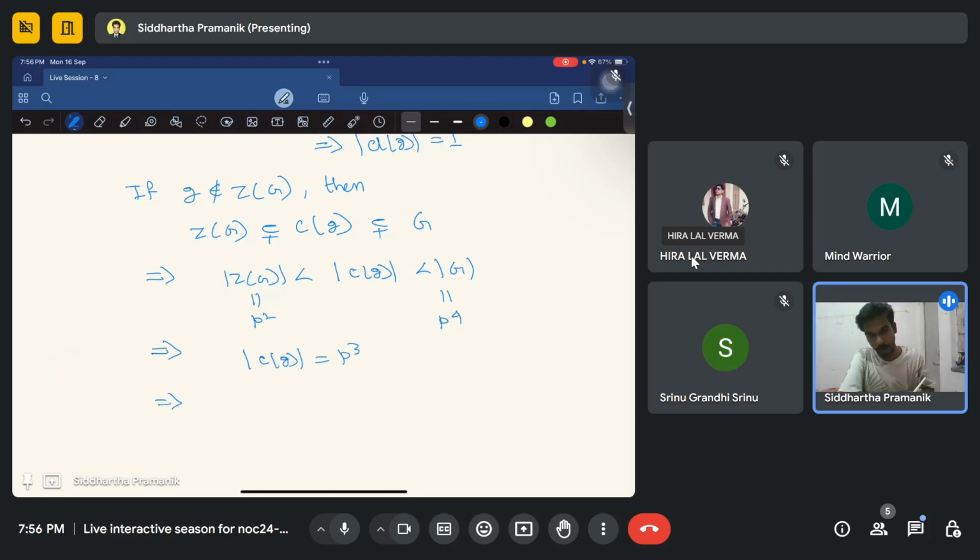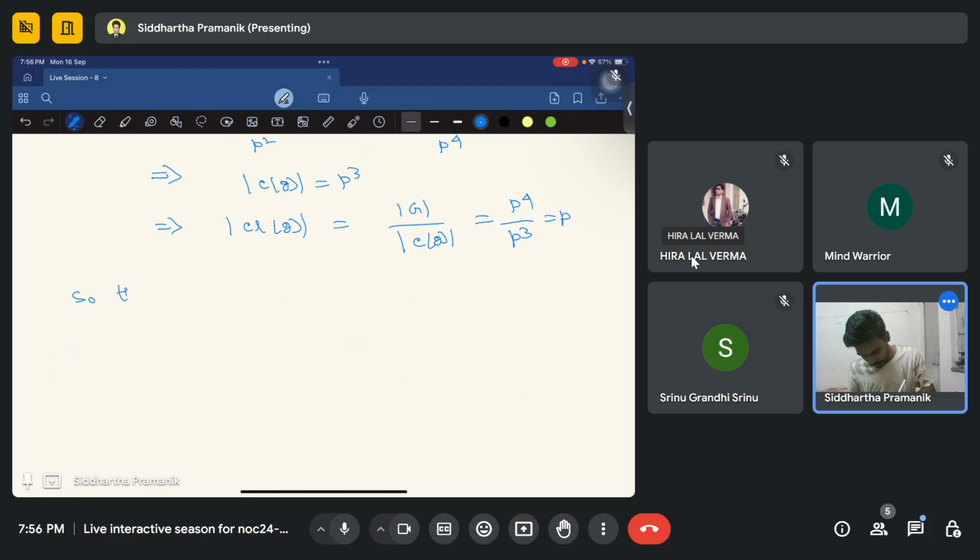Again use the orbit-stabilizer theorem: the order of the conjugacy class of g is the order of G divided by the order of the centralizer of g, so it is p to the power 4 by p cubed, which is p. So every non-central element has p elements in its conjugacy class.